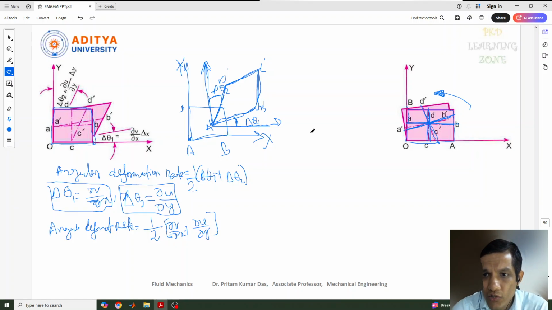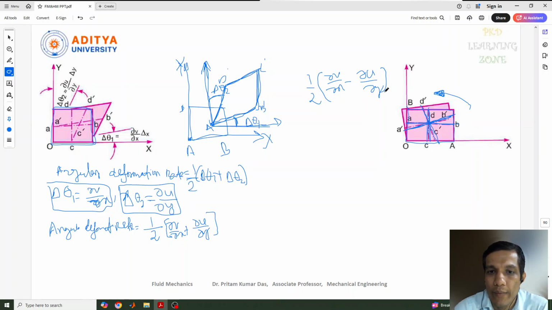So you can write the equation like half into del V by del X minus del U by del Y. I am writing this for two-dimensional flow only.